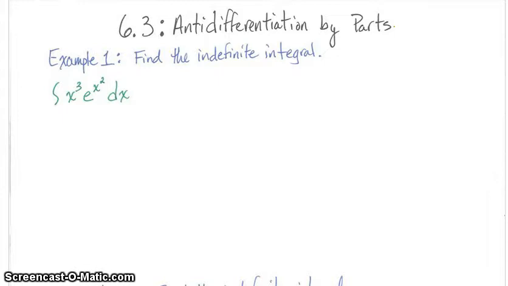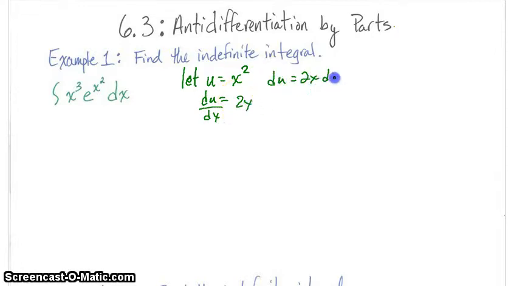I think I want to get rid of that x squared, so I'm going to say let u be x squared, which means du dx is 2x, which means du is 2x dx, which means dx is du over 2x.